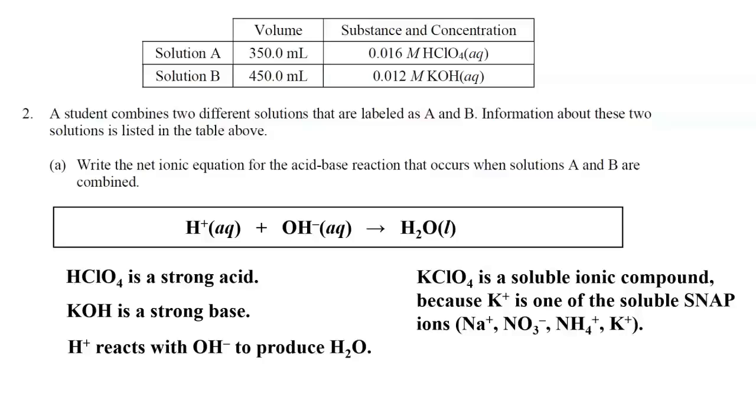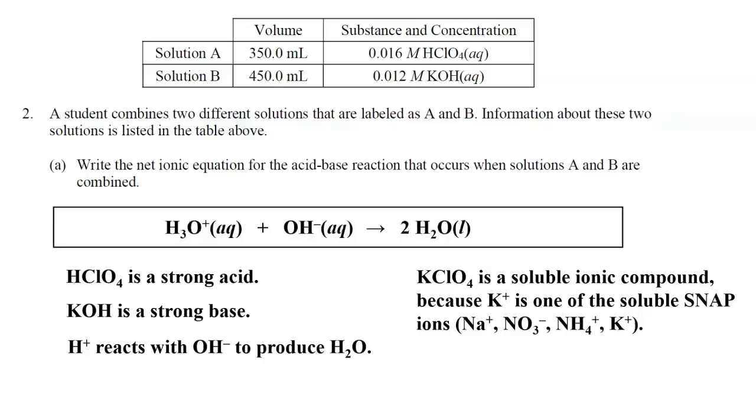So hydronium is H3O+, and if you change that to H3O+ on the left, then you would need 2 moles of water on the right to balance the total number of atoms. So either H+ plus OH- to make water could be a possible correct answer to number 2, part A, or you could say H3O+ plus OH- to produce 2 moles of water.